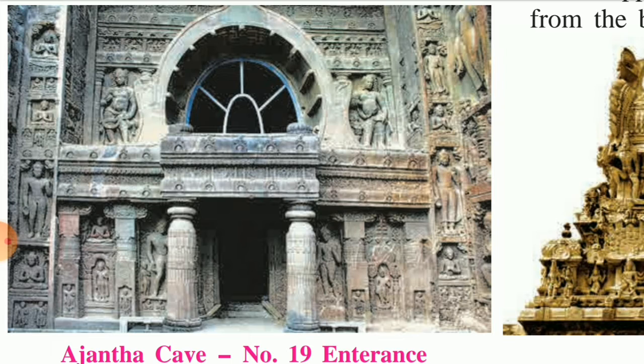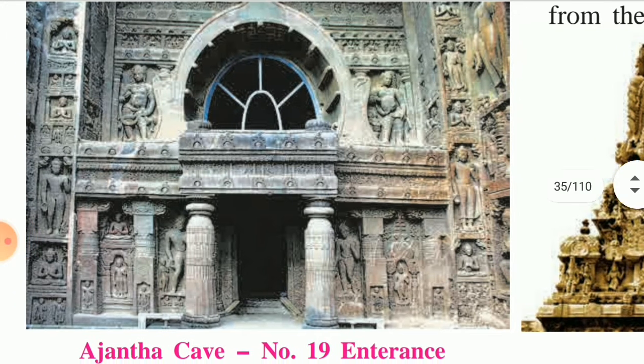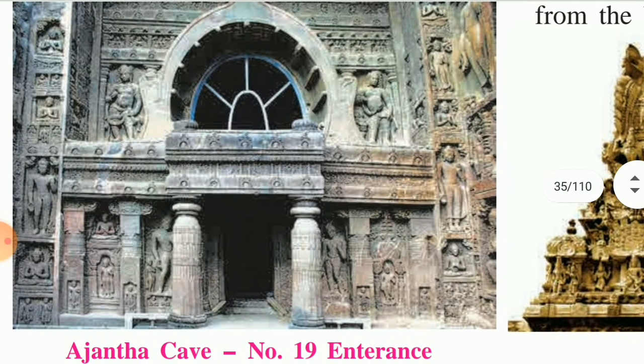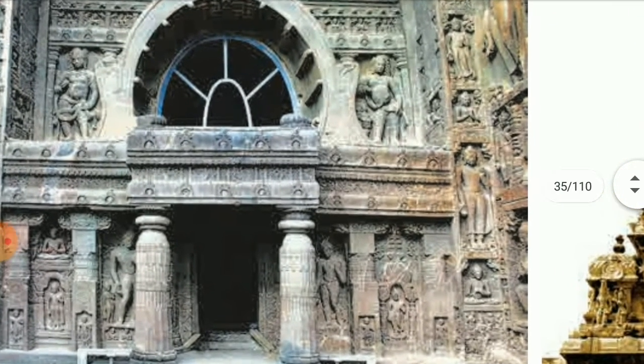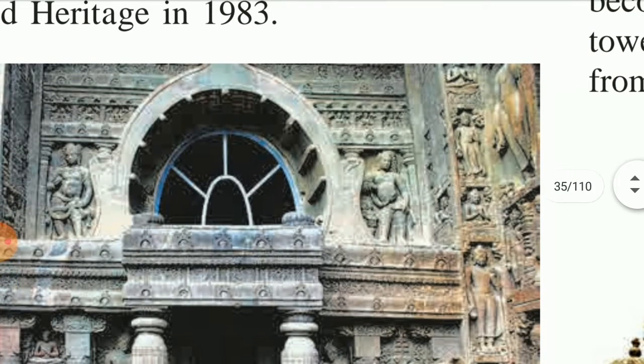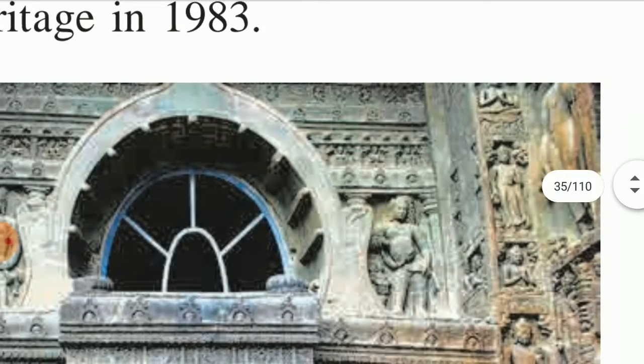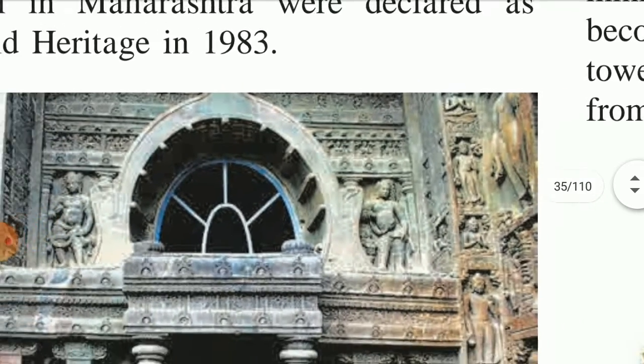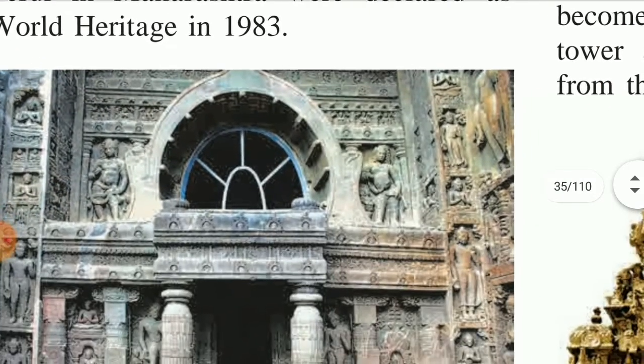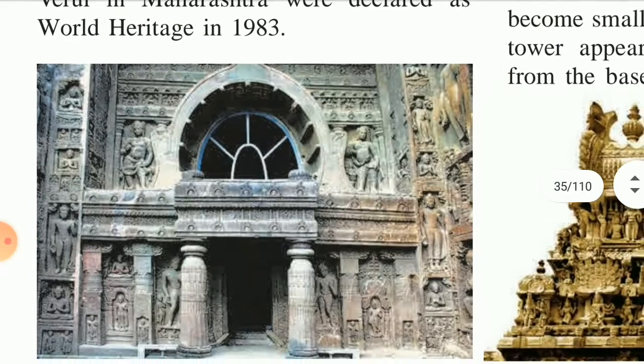At the entrance, the two pillars, two figures, and on both sides you can see different figures, minute designs, even the arch shape and the minute design over there, very beautifully carved out of one single stone.